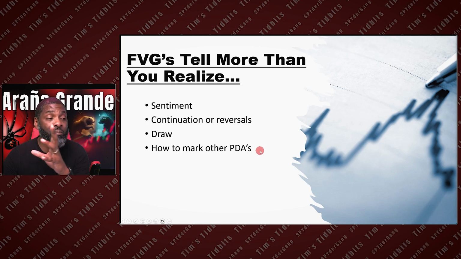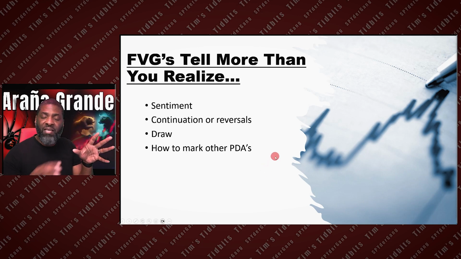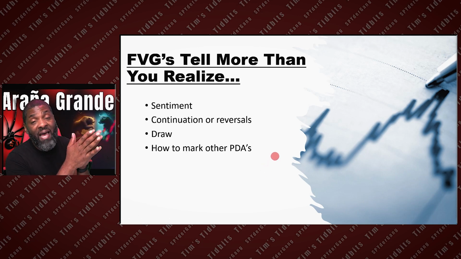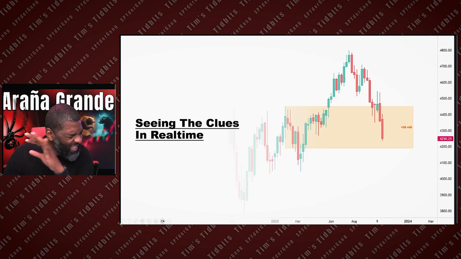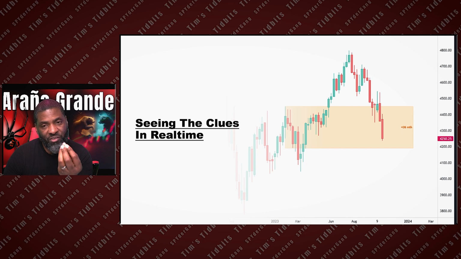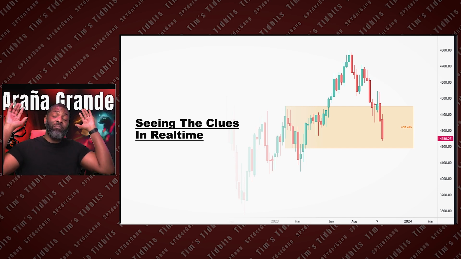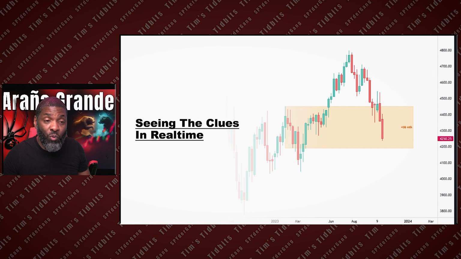And we're going to talk a little bit about how fair value gaps help you decide how to mark out other PD arrays. With any of the ICT concepts, you want to start to see the clues in real time. That's my job. I'm here to help you see the clues in real time.